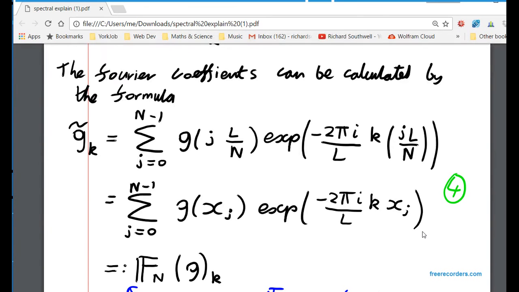So I ought to say what the main motivations are for actually doing these spectral methods. One of the main motivations is the fast Fourier transform. So why is it that we want to do integration and differentiation by these methods?